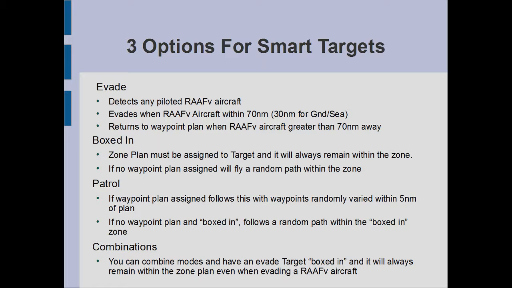And if it's a ground or sea target, the RAF-V aircraft has to be within about 30 nautical miles. The actual distance is randomised, so it'll be plus or minus those figures. Once a RAF-V aircraft is no longer within that evade range, the target will return back to its flight plan or its waypoint plan and continue on as it was before it detected the RAF-V aircraft.